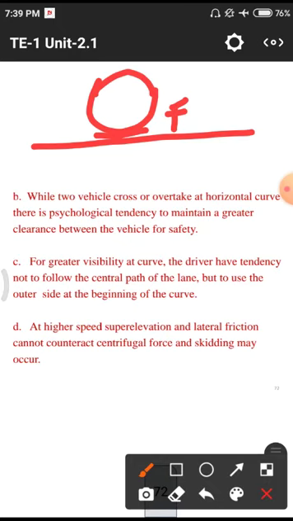Automatically we will collapse on that road. The same phenomenon will apply to the vehicle whenever it moves with a higher speed on that stratum. At a higher speed there is less friction between the tire and pavement, so the total body will not be held on the road, and there is a huge chance of skidding of vehicles due to the action of these centrifugal forces on the body.